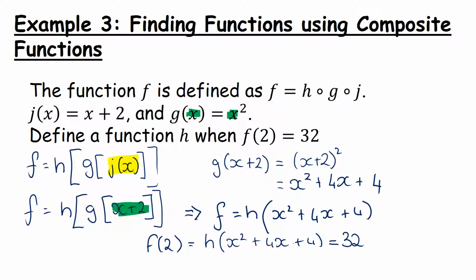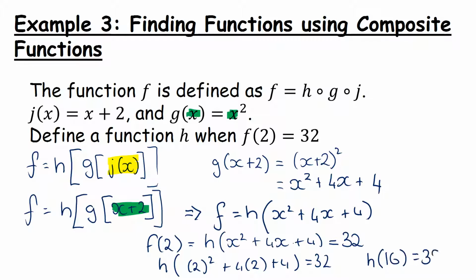So let's look at this. So it's h of 2 squared plus 4 times 2 plus 4, and that should give me 32. So cleaning all that up, and you can work it out, but we'll basically get h of 16 is equal to 32. So when I plug the number 16 into some function, it gives me an answer of 32.